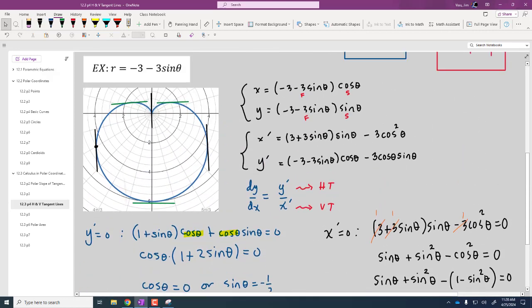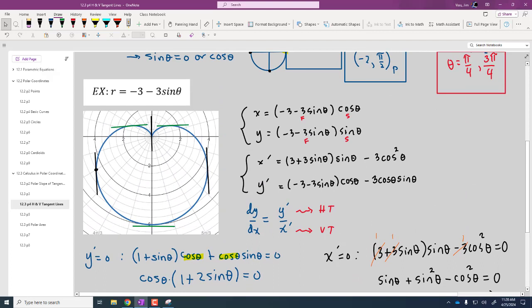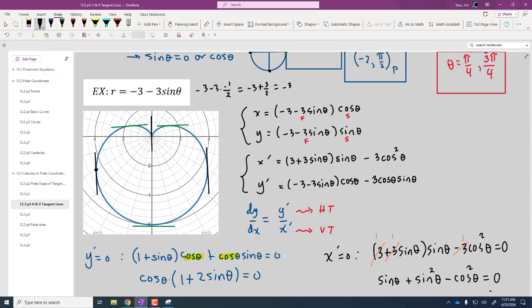But let's just check, if we plug in 7 pi over 6 here, we're going to get -3 minus 3 times sine of 7 pi over 6, which is -1/2. So this is going to be -3 plus 3 halves, which is negative, what is that? That's -3 halves.